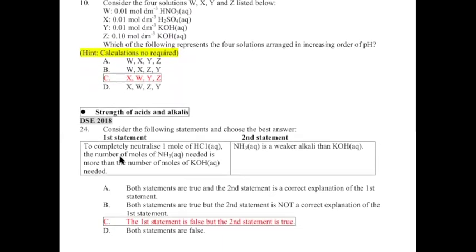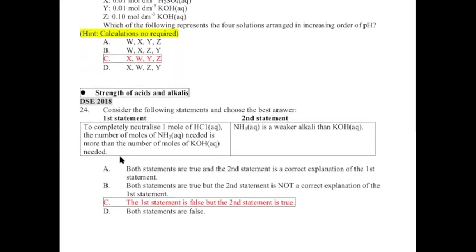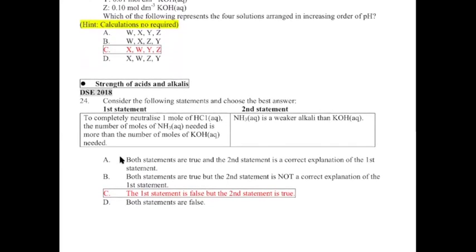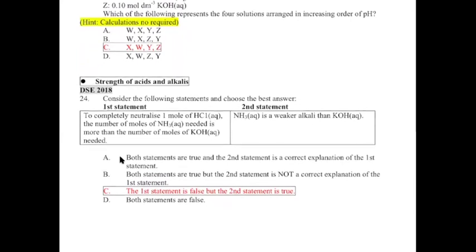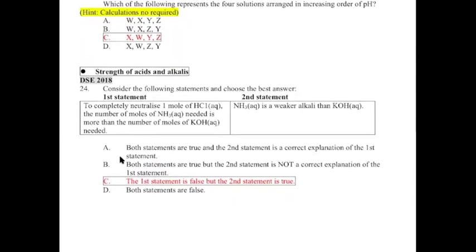And then next one, consider the following statements and choose the best answer. The first statement stated that to completely neutralize 1 mole of HCl, the number of moles of ammonia needed is more than the number of moles of potassium hydroxide needed. For this one, you need to pay attention. A neutralization reaction is just the reaction between hydrogen ion and hydroxide ion.